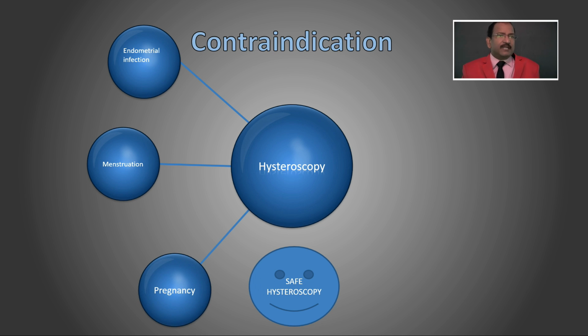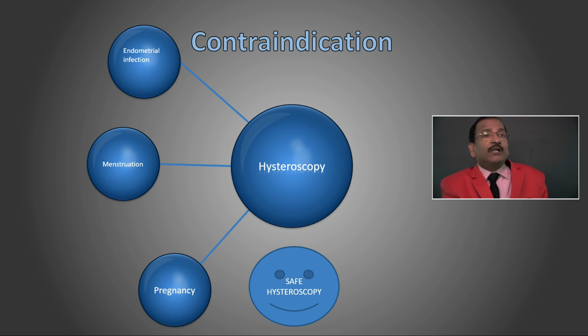Pregnancy is of course a contraindication. But there are a few indications in pregnancy also. One is IUCD with pregnancy. Although in the book it is written that you don't need to remove the IUCD if the patient gets accidentally pregnant. Baby will come with the IUCD in the hand and show the mother, what is this.